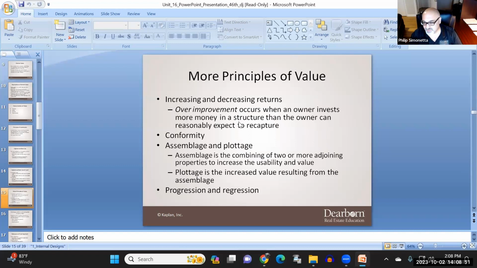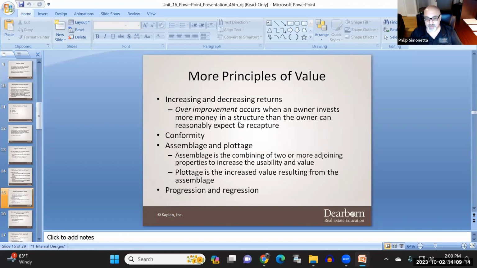Assemblage and plottage, okay? Assemblage is the combining of two or more adjoining properties to increase the usability and value. And plottage is the increased value resulting from the assemblage. So if there are 15 parcels of land and a builder wants to build a development, he can buy all 15 parcels. That's called assemblage.